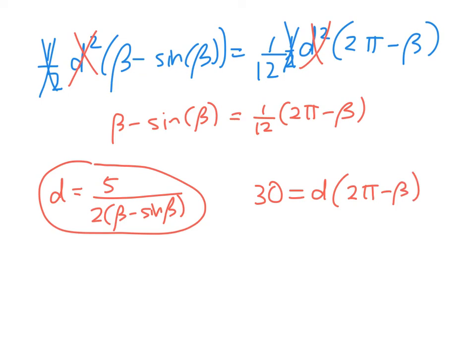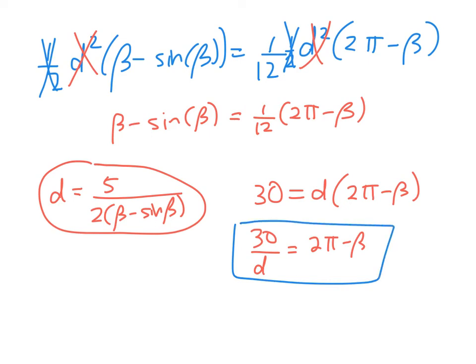So I'm going to rearrange that formula, and I'm going to get 30 over d is equal to 2 pi minus beta. I'm going to take this equation and substitute 30 over d for 2 pi minus beta. And that's going to help a whole lot because I'll now have an expression with d and beta in it. So it'll go like this.